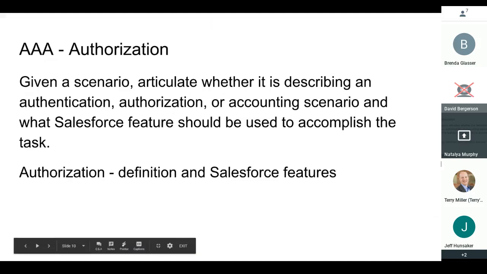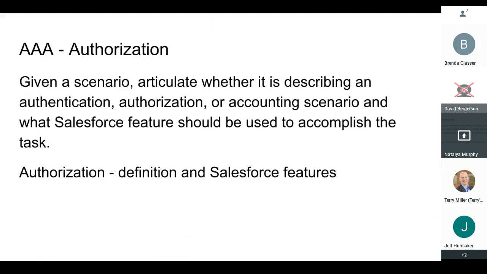Authorization. Brenda, we'll start with you. Sure. So authorization is how the identity provider is determining that somebody should have access to a particular thing, right? So where authentication is determining who they are, authorization is saying what is that person allowed to do. Yep. Okay, and Pavitra, what is one way we can do authorization in Salesforce?